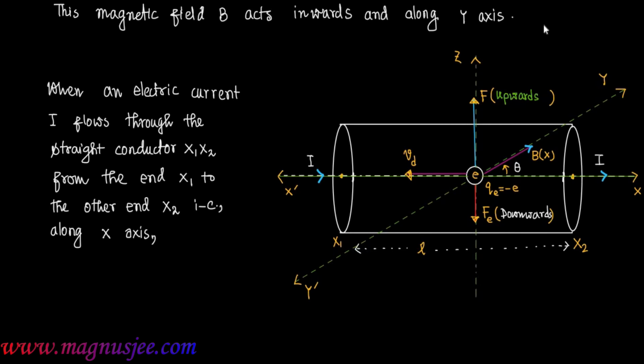That means this current flows towards right through the cylindrical conductor or wire X1, X2.